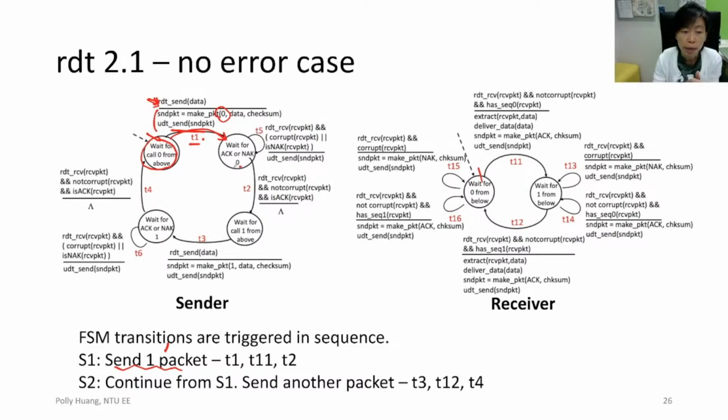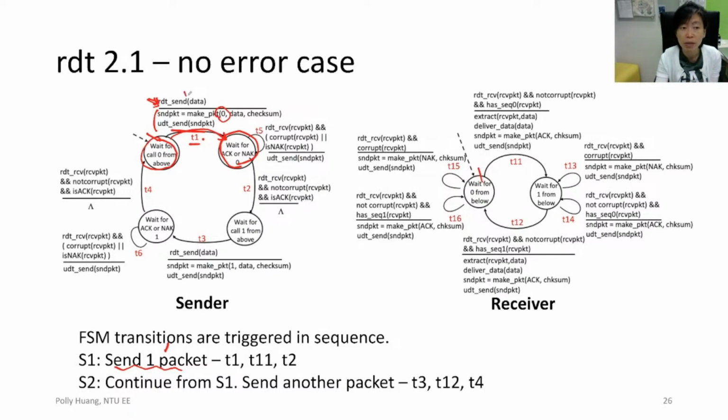At this point, sender here enters the wait for ACK or NAK 0 state. So very important, before you determine what transition to take next, what is the starting state right now? What are the possibilities? Are there multiple transitions one can take from the starting state? If there are, be careful. What is the triggering event?